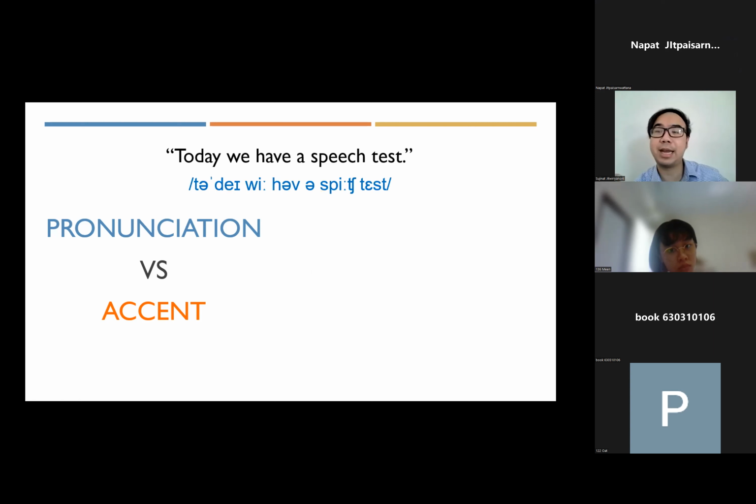For the transcription of the English version, with the phonemic transcription here, it is "today we have a speech test." But when I asked Dao to pronounce this with a Thai accent, she tended to pronounce it as "today we have a speed test."